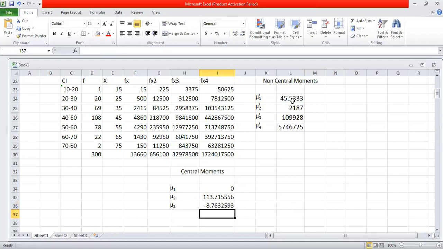So this will give you the mu3 value, that is minus 8.7632.